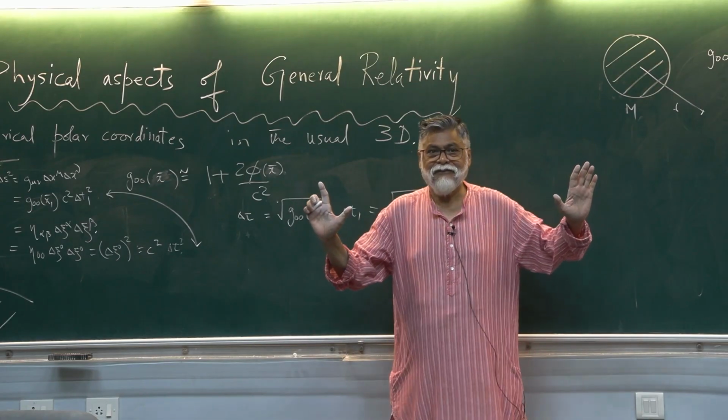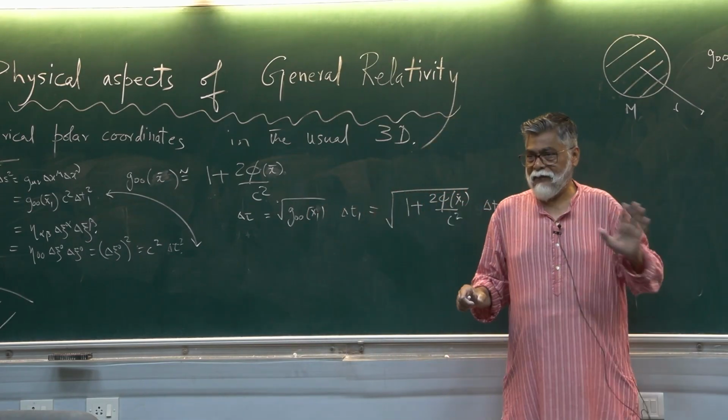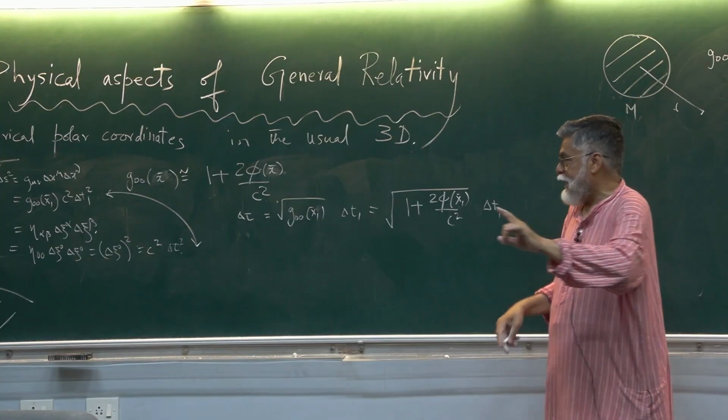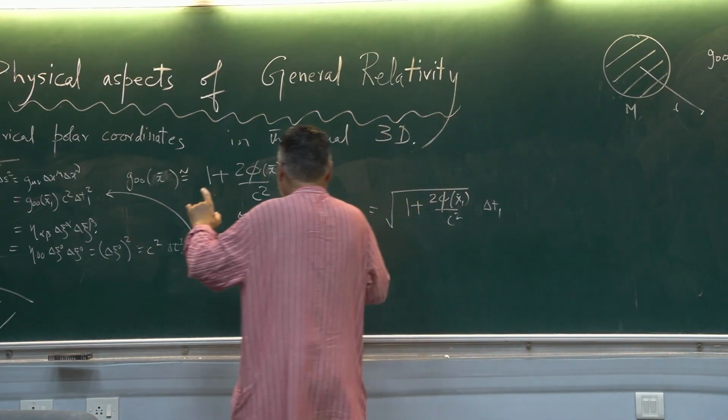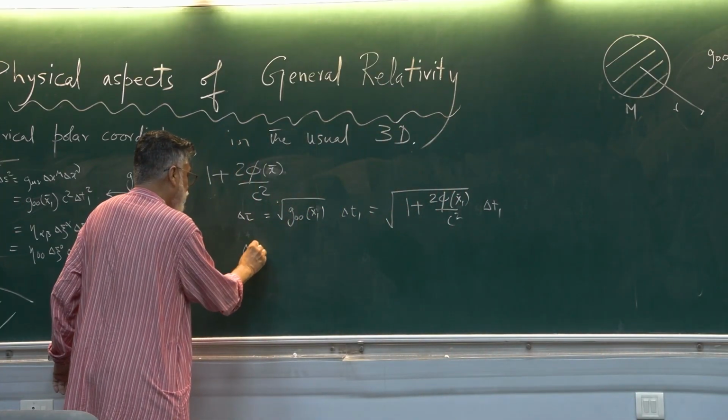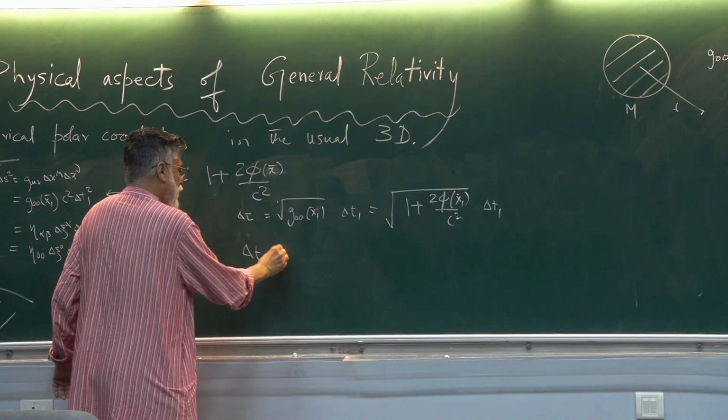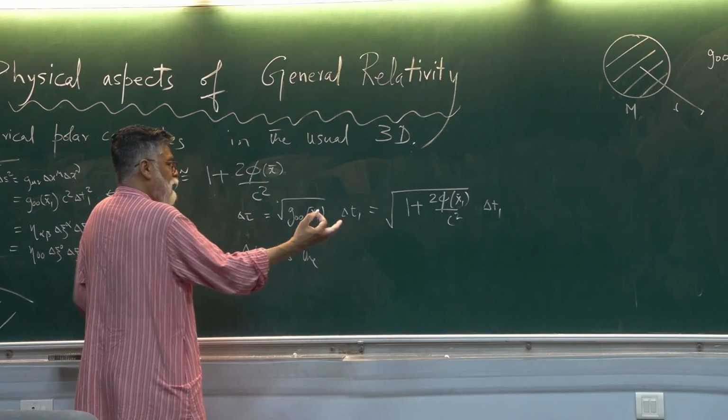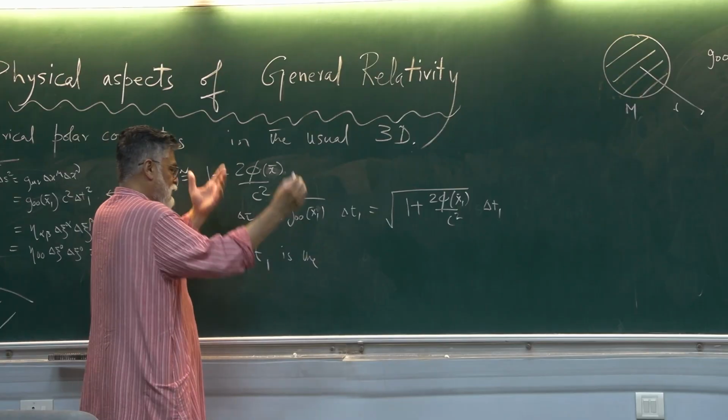Agreed? So there is another way of saying it. Someone will ask, what is delta t1? Delta t1 is the real or proper time. That's the best way.